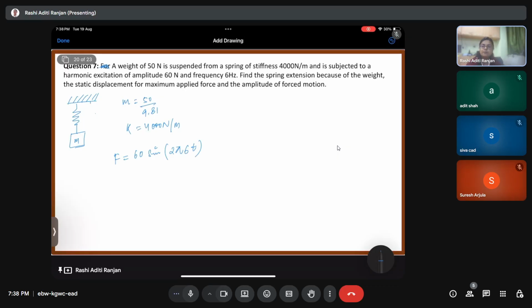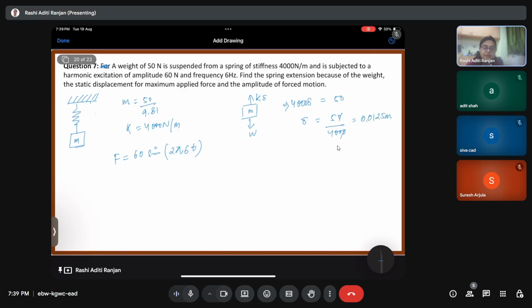Firstly, we have to find out the spring extension because of the weight, which is simple because in that case we have the mass with weight and K delta. So 4000 delta is going to be equal to 50. So delta is going to be 50 by 4000. This will come out to be 0.0125 meter.